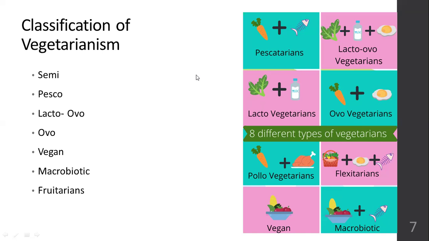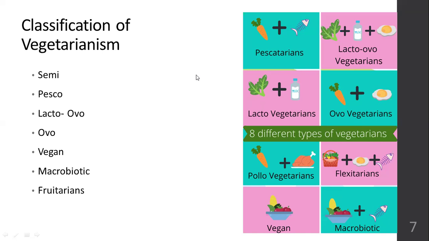Fruitarians, it's one of the dangerous combinations. Fruitarians will only depend on fruit that has fallen off from the trees. So it is very risky.